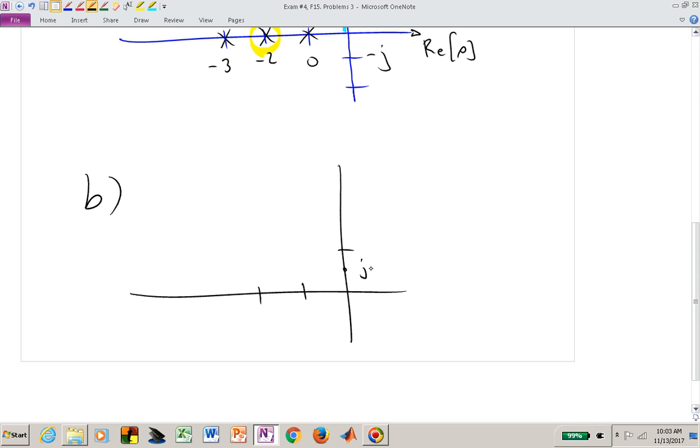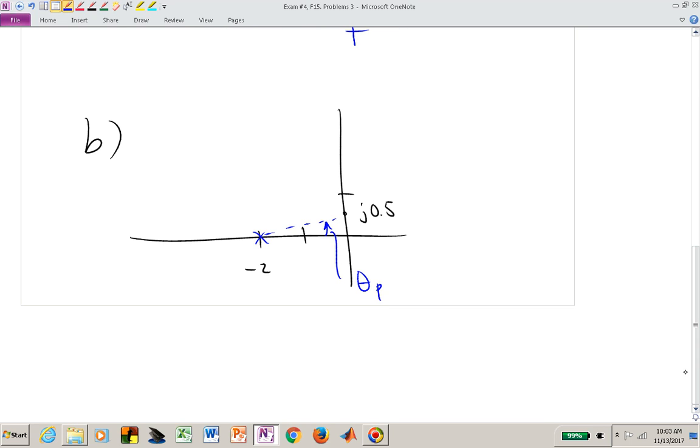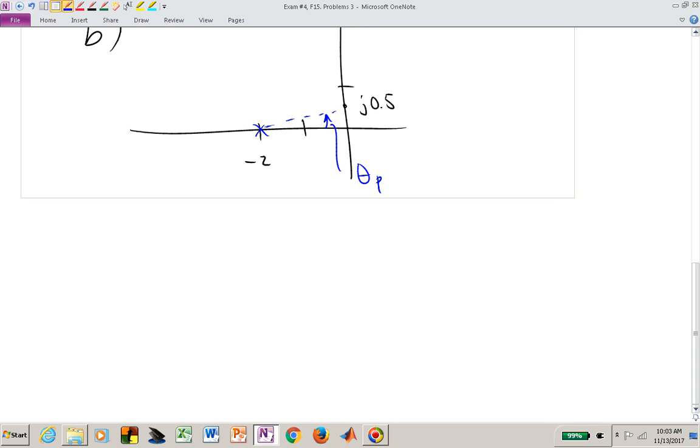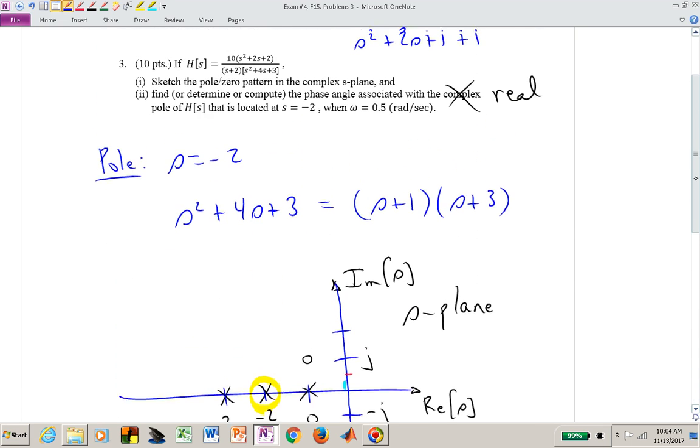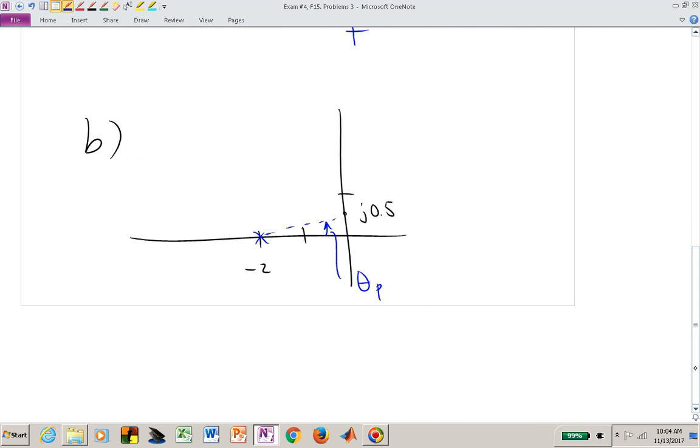Here's j0.5, and we're trying to find the angle from this pole location to that point. That's theta p, and because it's a pole, it's downstairs. So if we find this angle as, let's say, 15 degrees, then the angle associated with that pole is minus 15 degrees.